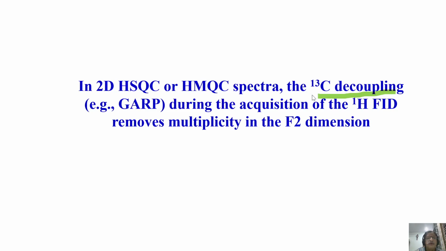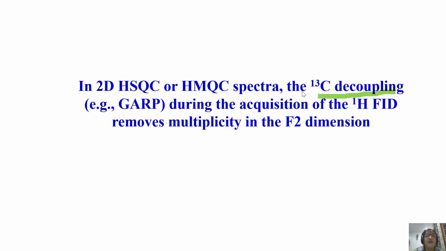Now, we can also do heteronuclear decoupling. Remember, in the carbon spectrum, we can completely decouple proton, and we are going to see a single peak for each carbon. In the proton spectrum, you are going to see carbon 13 satellites. That's what we saw in HSQC.